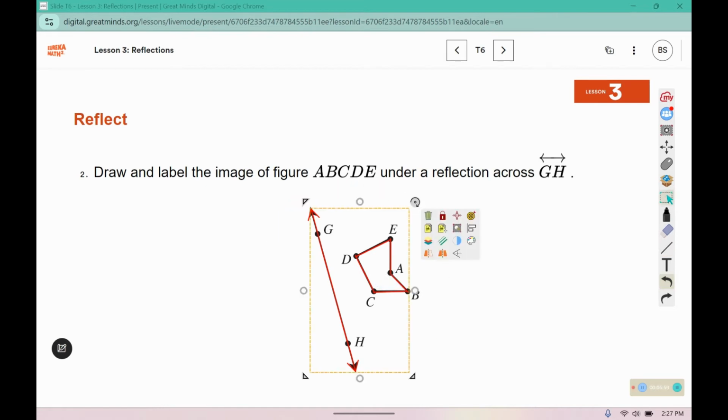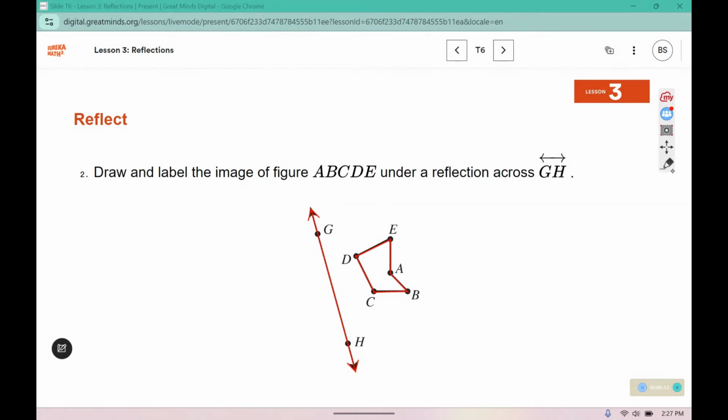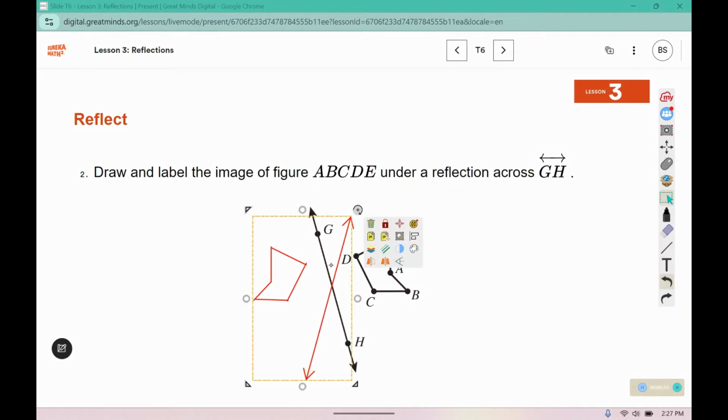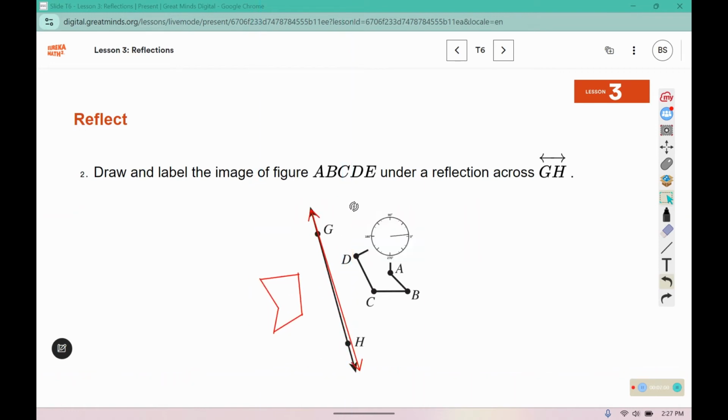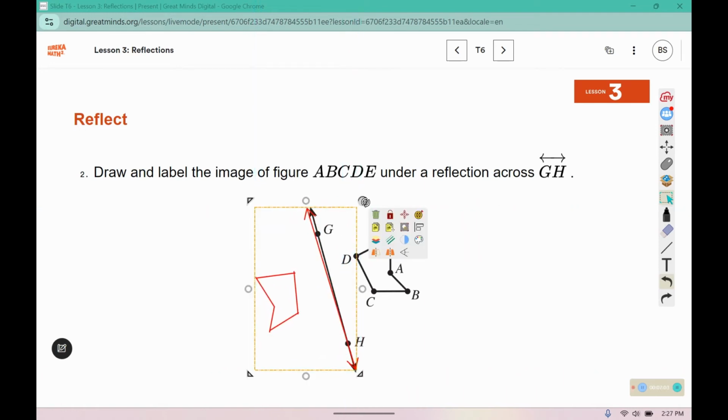Now take that tracing paper and flip it over. Then we need to line up our line from before with the line on our tracing paper. We don't want it to be at any angle. We want it to be perfectly on top of the line underneath.